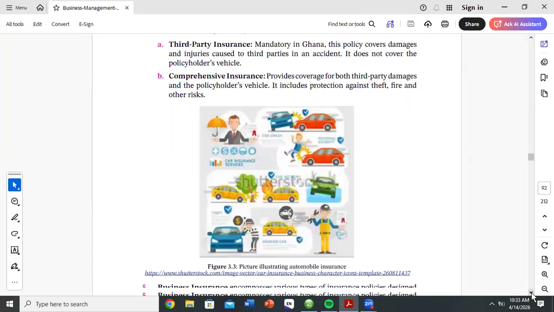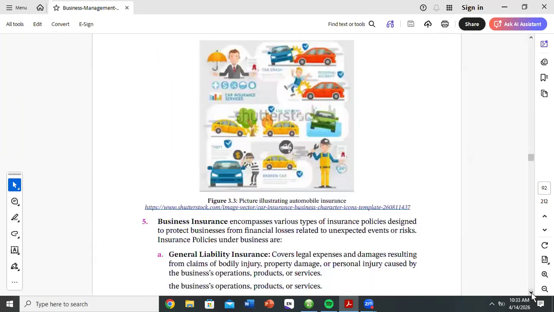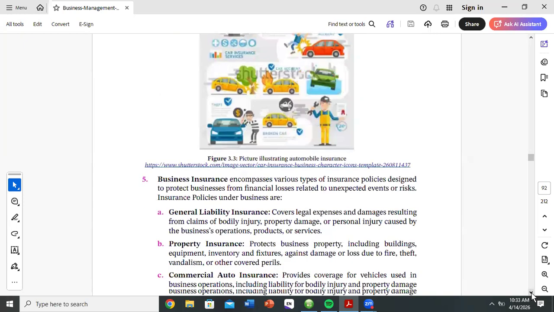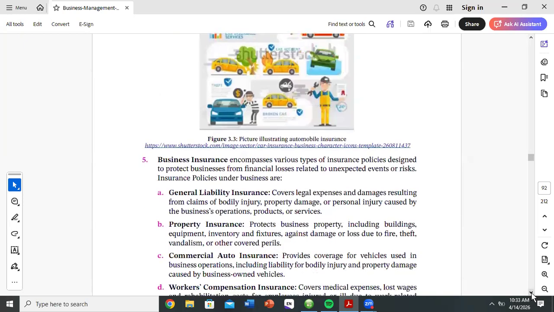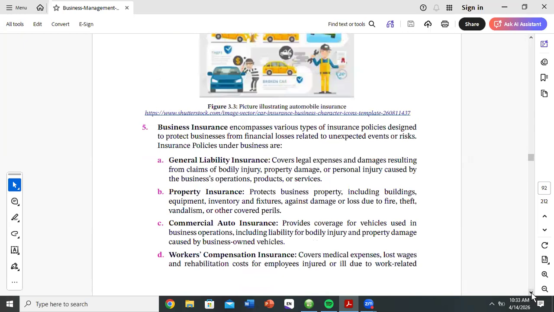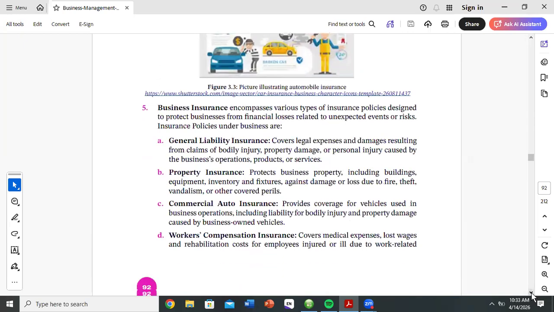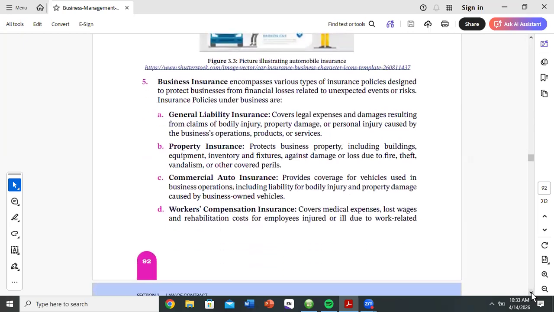So I think they gave some pictures to give you. Well, the fifth one is business insurance. Business insurance is very broad. These are insurances for businesses, as in institutions, organizations that are providing services or products. So we can have the general liability insurance.